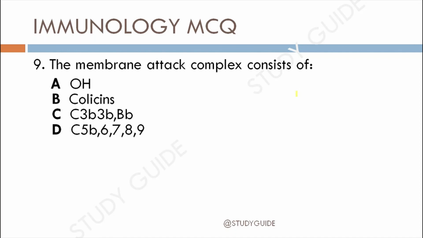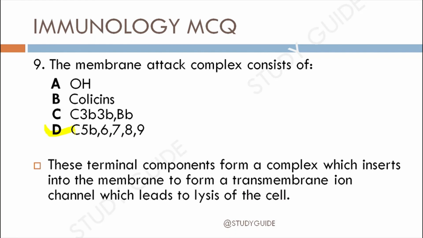The correct answer here is option D. These terminal components form a complex which inserts into the membrane to form transmembrane ion channels, and this can lead to the lysis of a cell. So C5b, then C6, C7, C8, and C9 all join together to form this membrane attack complex. Option D is the correct answer.